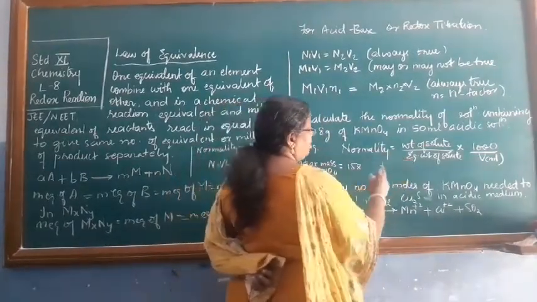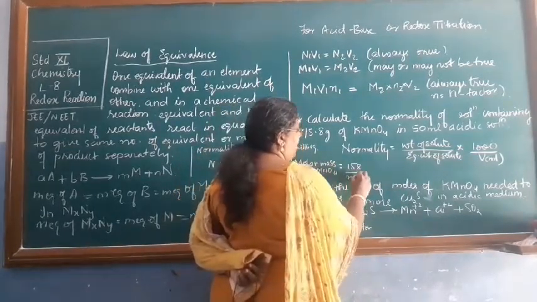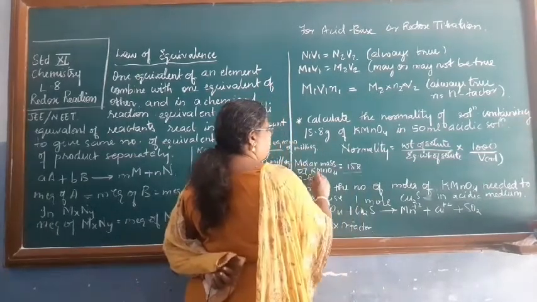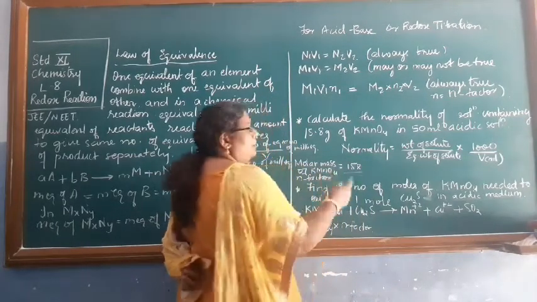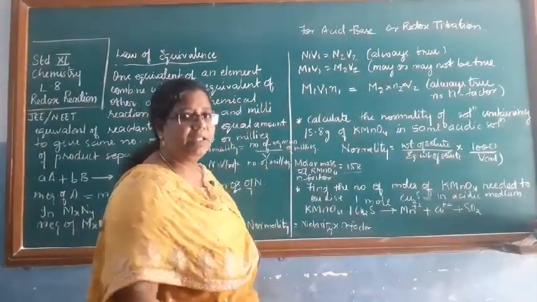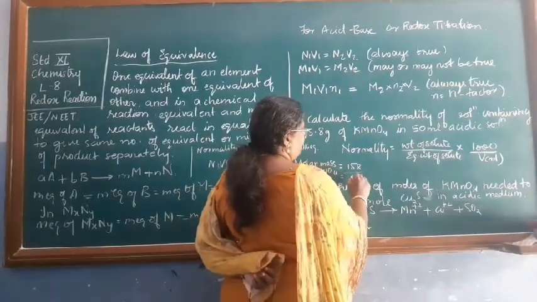और equivalent weight हमेशा क्या होता है? Molar mass of KMnO4 divided by n factor. तो n factor of KMnO4, n factor मतलब कितना इलेक्ट्रॉन्स रिलीज होता है. हमने equivalent weight of KMnO4 के बारे में पढ़ा था in our previous video. So that will be 5 electron.